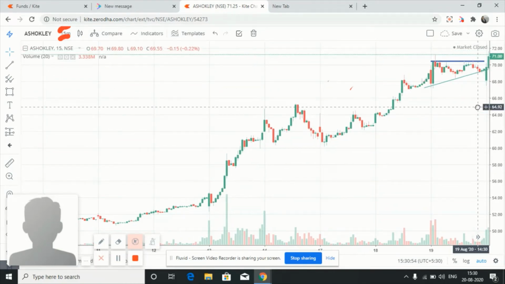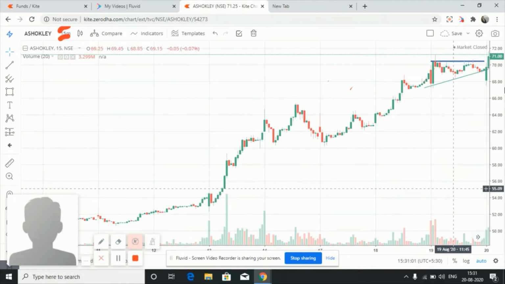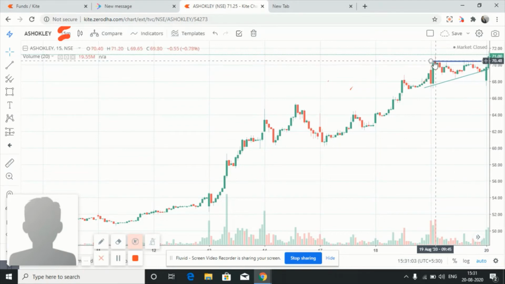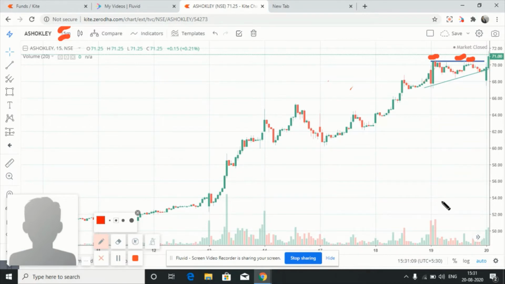And here we do get that breakout, we do get good volume here, which shows buyers' interest at the breakout point. So here we had many rejections, and after those rejections we see a breakout over here. So at this point I decided to take entry.